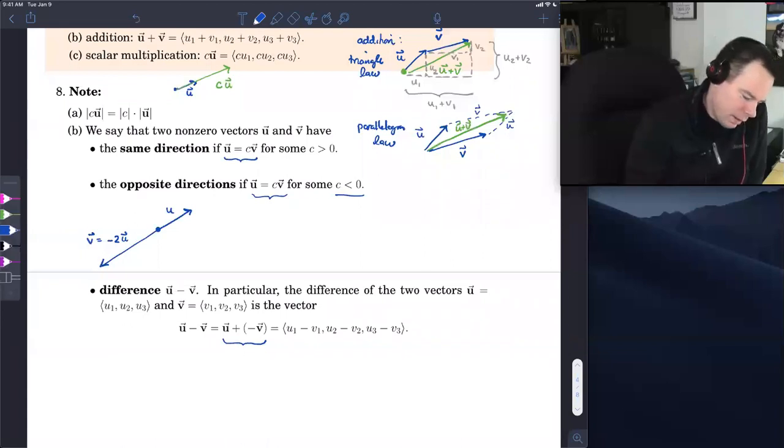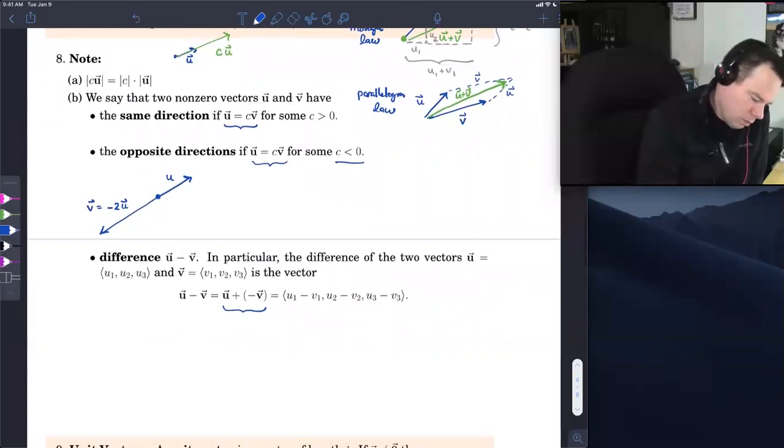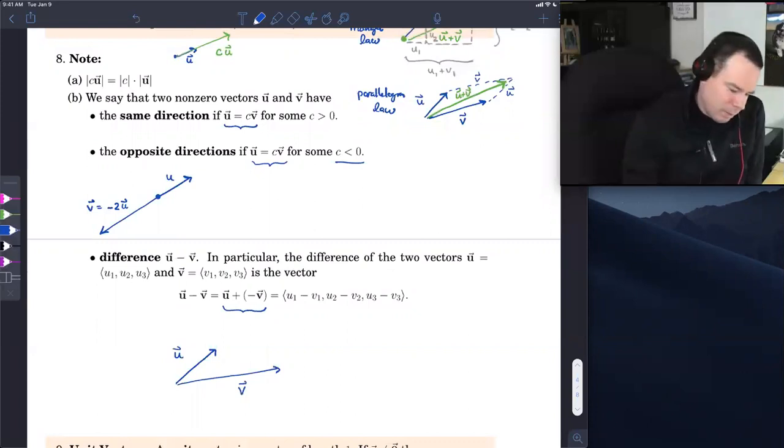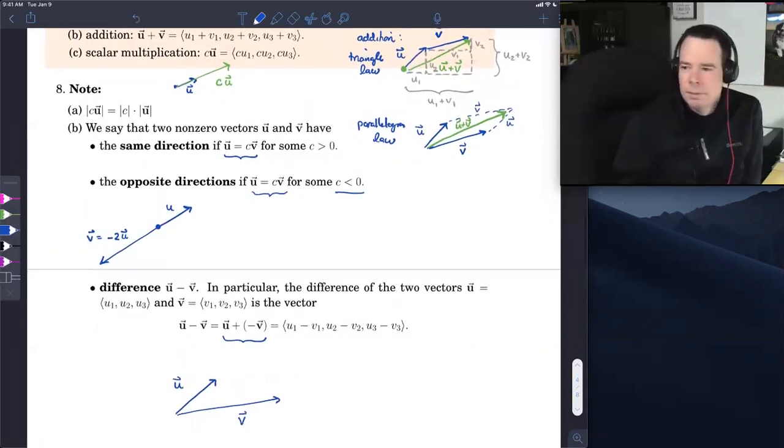What does this look like as a picture? This is one you also want to keep in mind, because we're going to be using it quite frequently. If I have a vector u and a vector v, what does the difference of them look like? We could try to draw something similar to the parallelogram law, but in this case the triangle law is probably the better picture to draw.